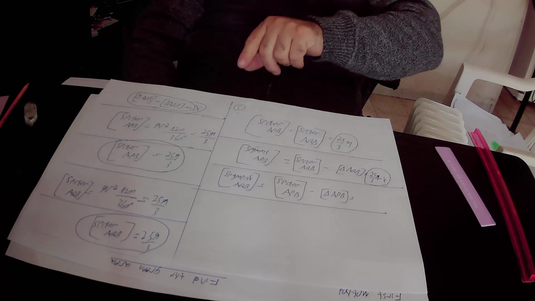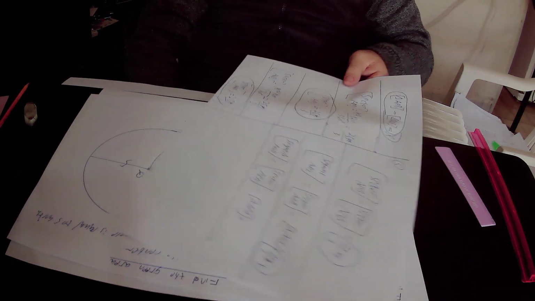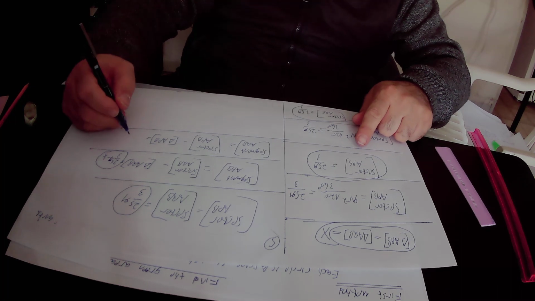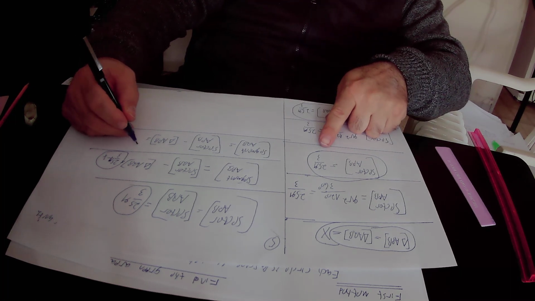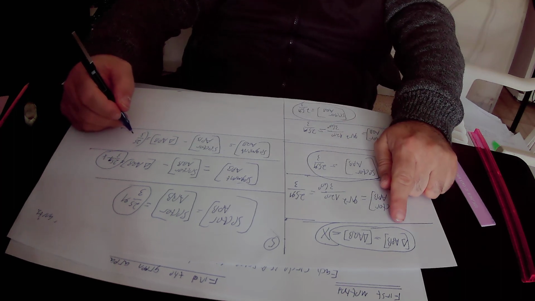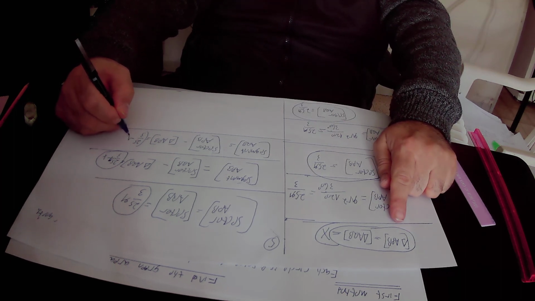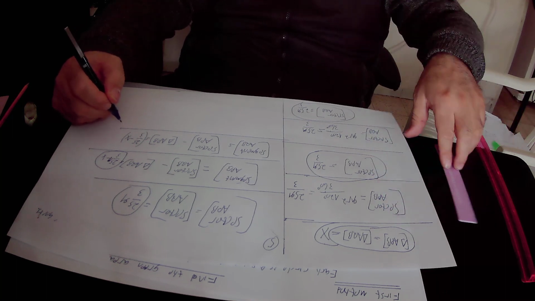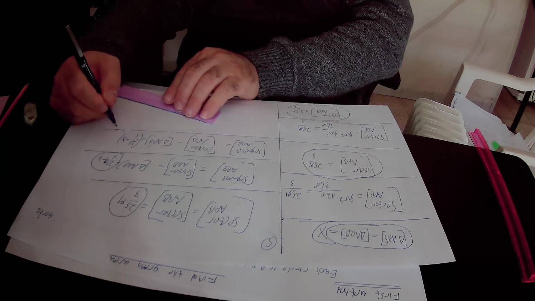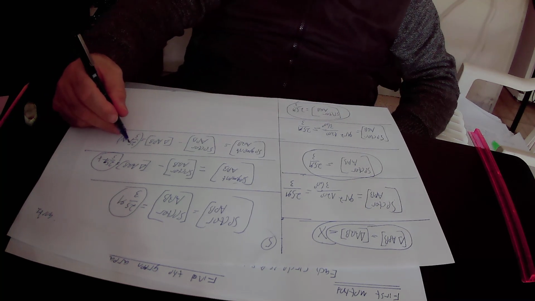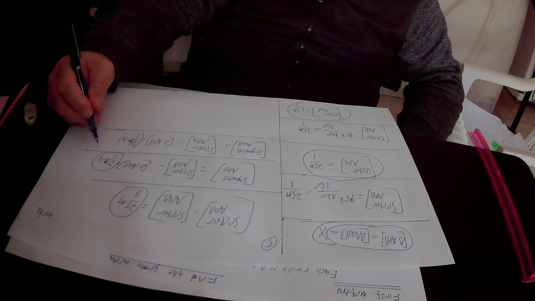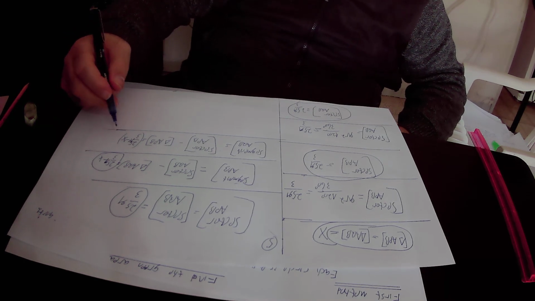But we have already found out that the area of sector APB equals 25 pi over 3 square units, and the area of triangle APB equals x according to our definition. So in conclusion, the area of segment AQB equals 25 pi over 3 minus x square units, exactly as the area of segment APB.